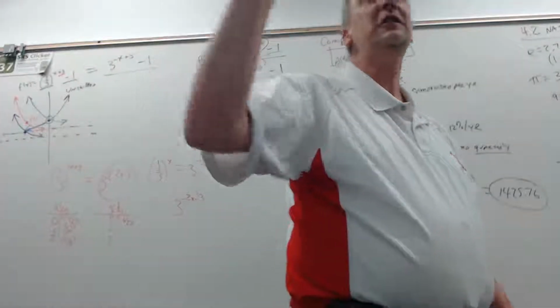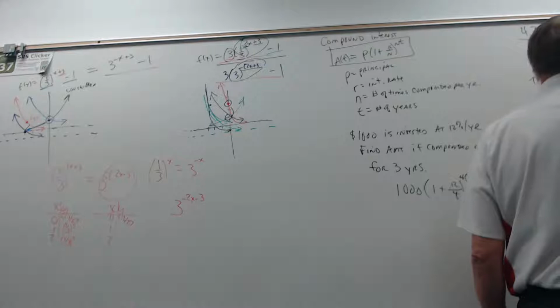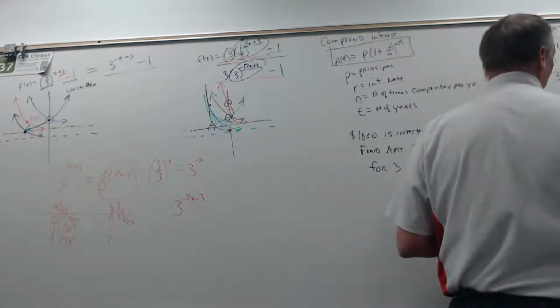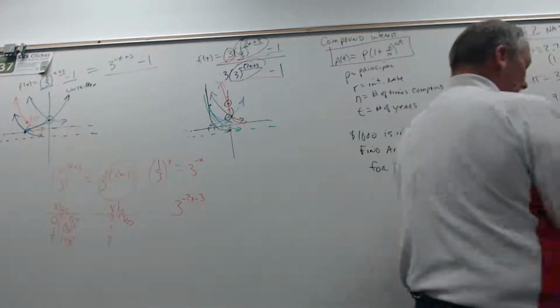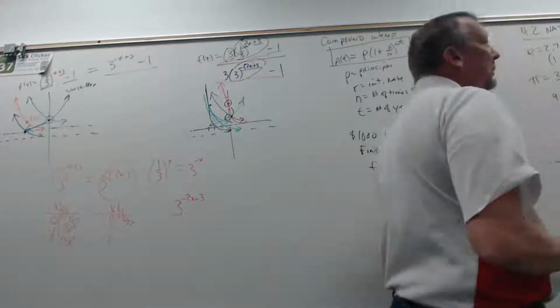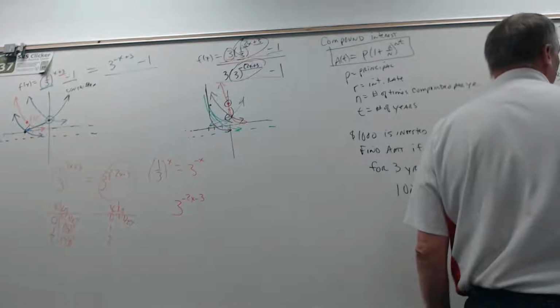What are the two things you need to remember for f of x equals 2 to the x? You start with 0, 1, right? Put an asymptote right here. Now we're going to do this one in green. What is the important point? It's still going to go through this same point.